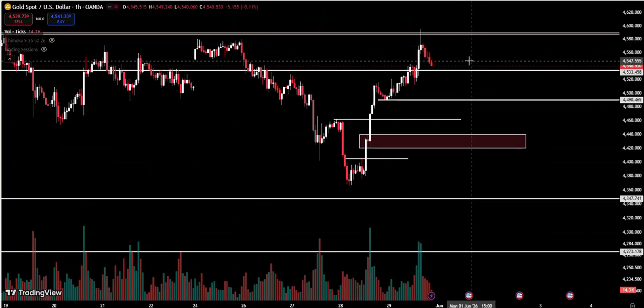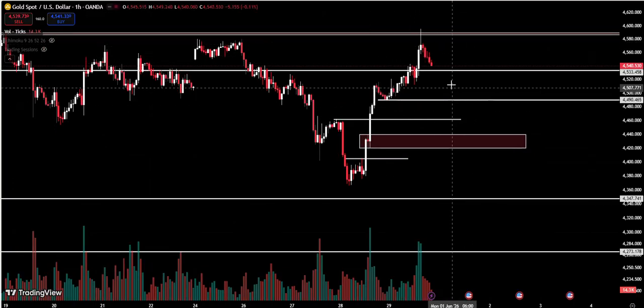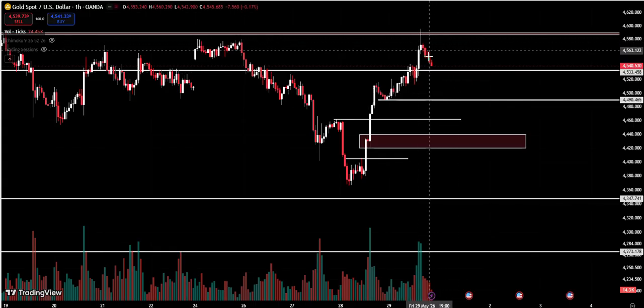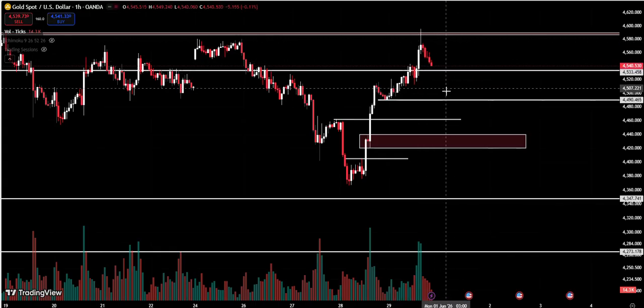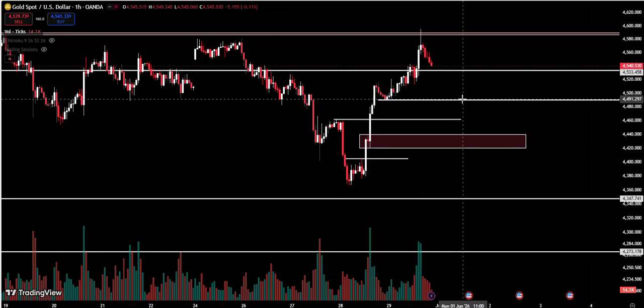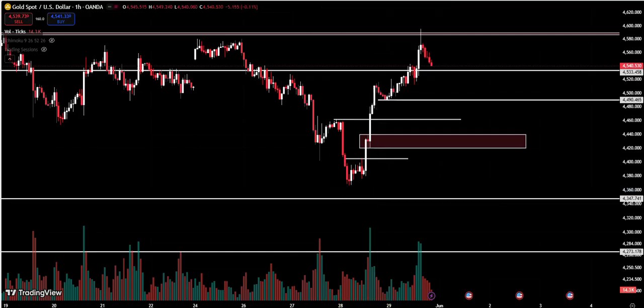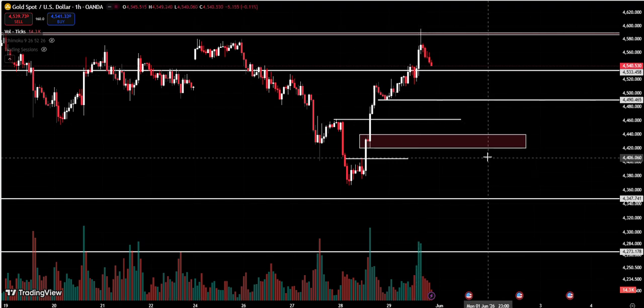I would not recommend any sellers to take any selling position from this zone, because the market has already rejected, and it's nearly in our support or in a buying zone. So sellers, please try to stay away from the market unless the market breaks this low. Until and unless the market is above this support, we will look for buying. Yes. So this is the hourly perspective.